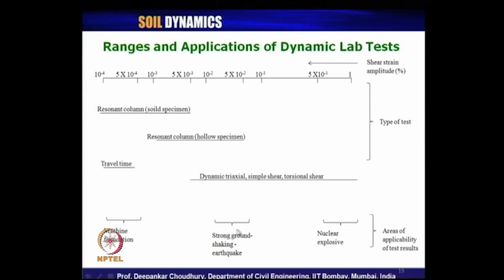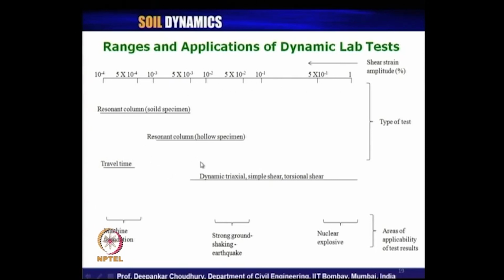Now, coming to the next type of dynamic load which we commonly use as a designer, the structures or soil subjected to ground shaking or earthquake loading. For earthquake loading, the typical range is about 5 × 10^-2 to about 5 × 10^-3 % of shear strain.